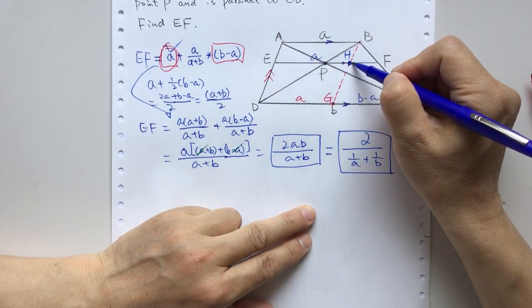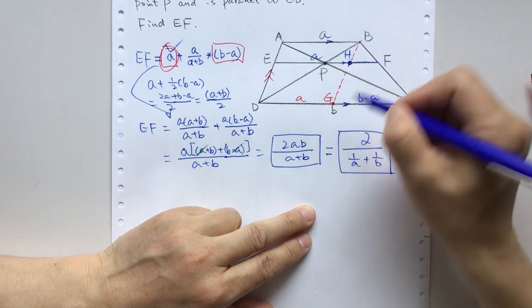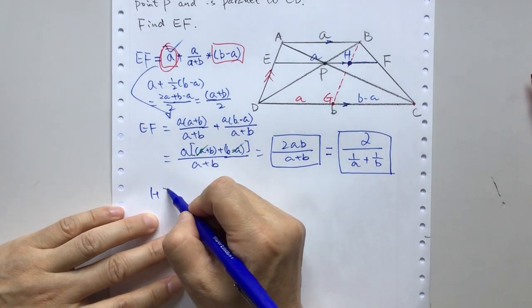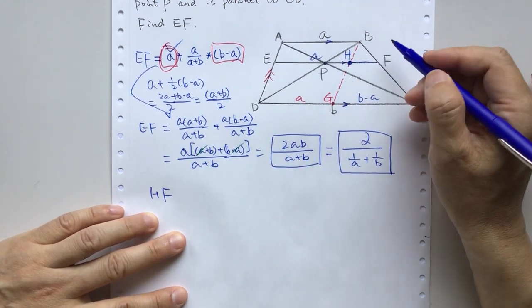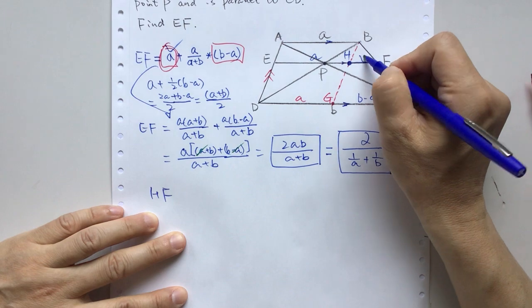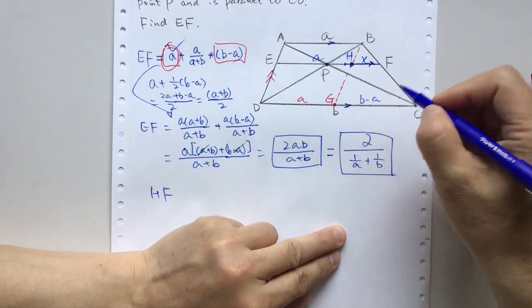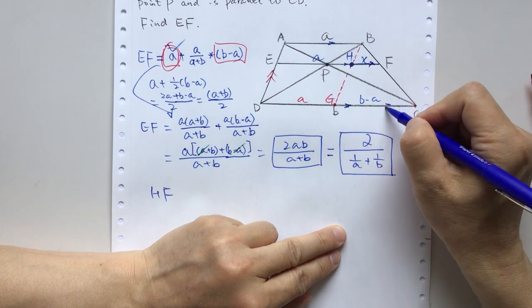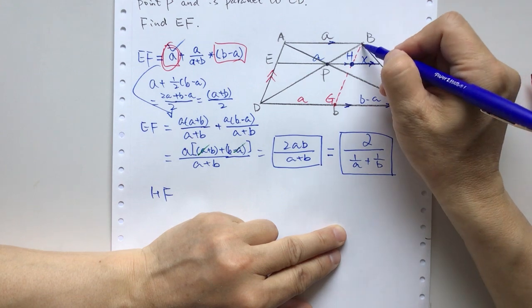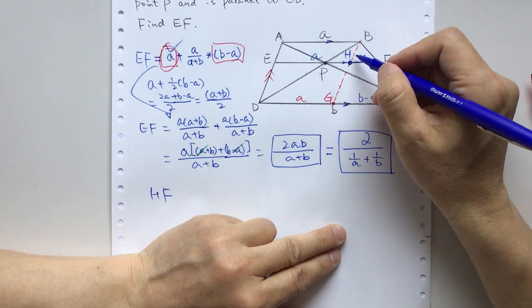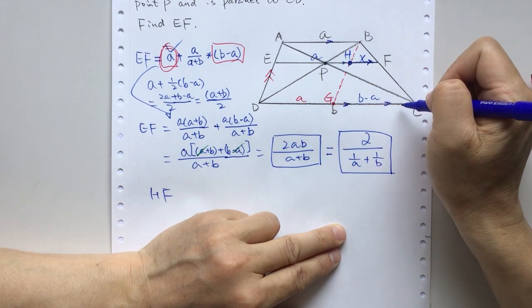Now, how long is this? If we find HF and just add A, we will find how long EF is, right? So let's suppose it's X. And this is parallel to the bottom of the trapezoid, so we can use similar triangles.